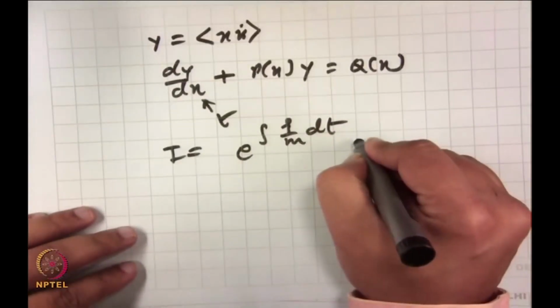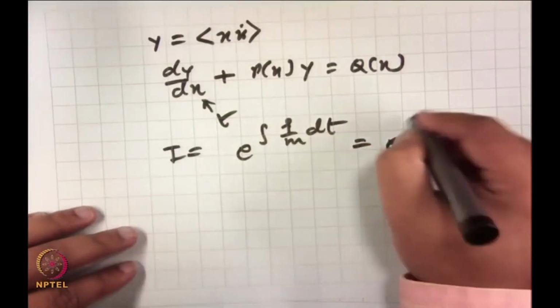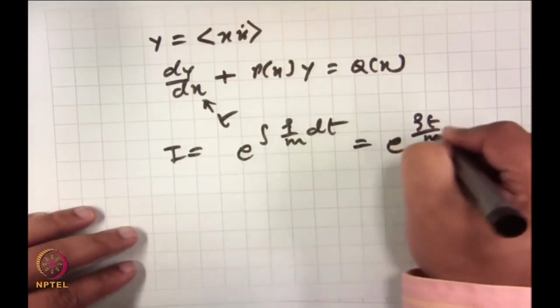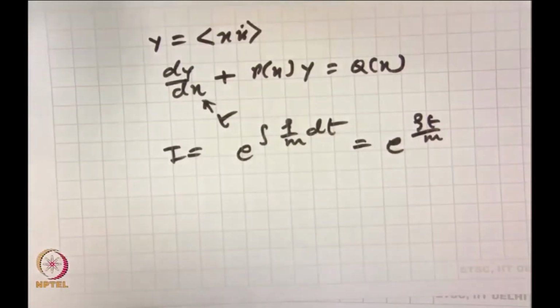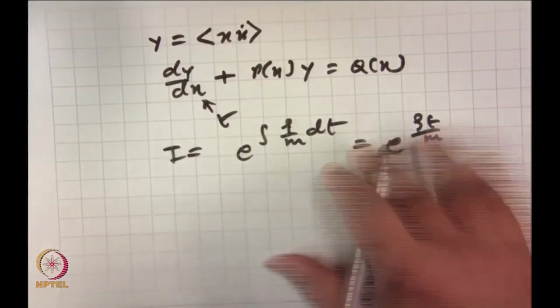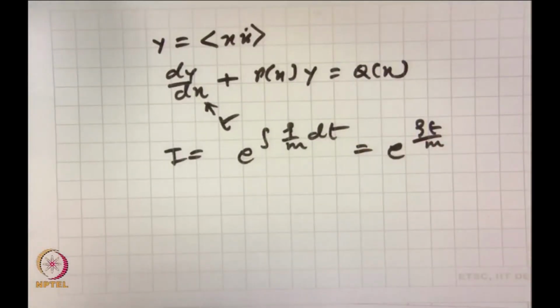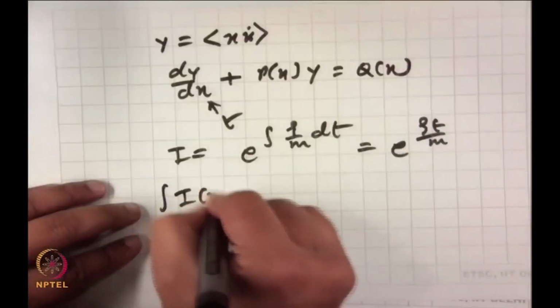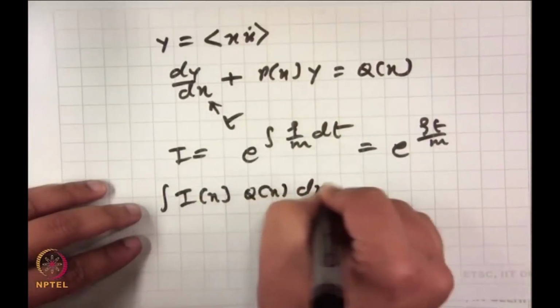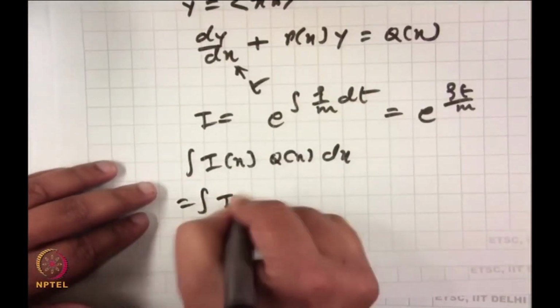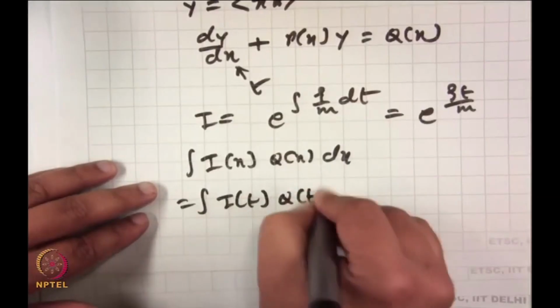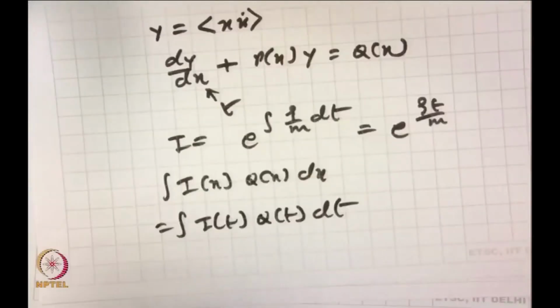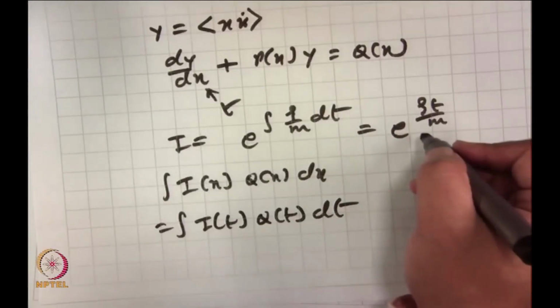This is equal to what? E to the power xi t over m, that is what I have. Okay. Now, put into this equation, the final equation, the integral of I of x q of x. Now, what is integral of I of x q of x dx for me? This is essentially integral of I of t q of t d of t. I already know what I of t is because I have got it here. This is I of t for me.